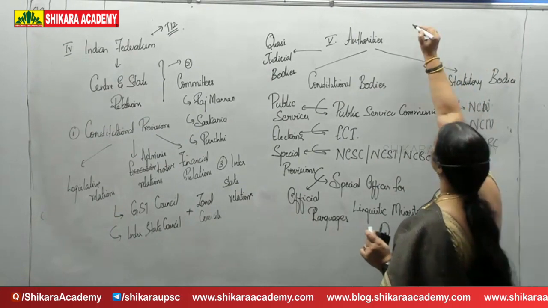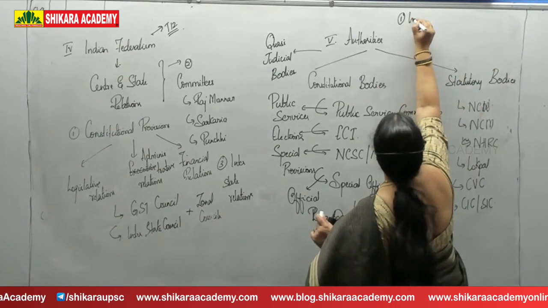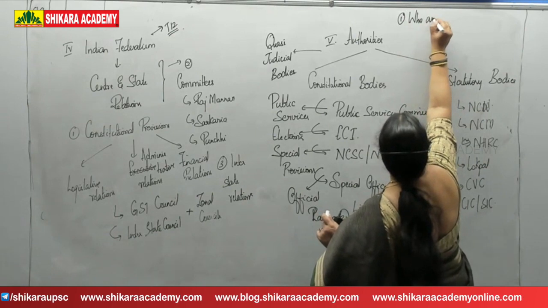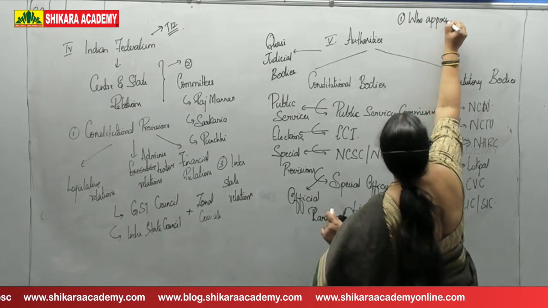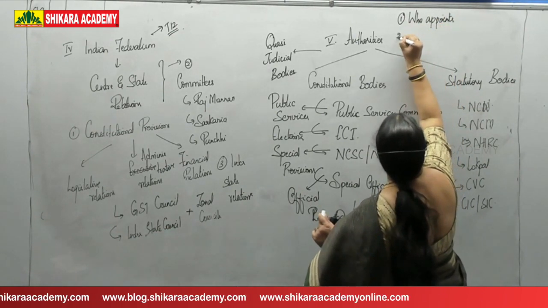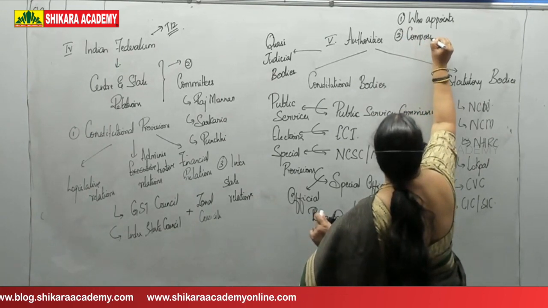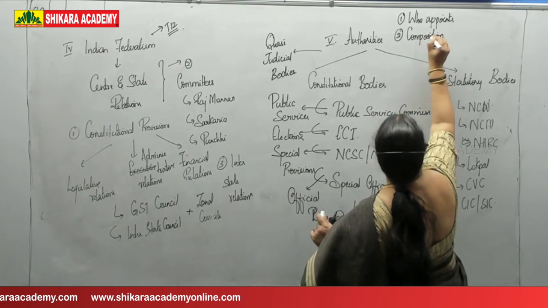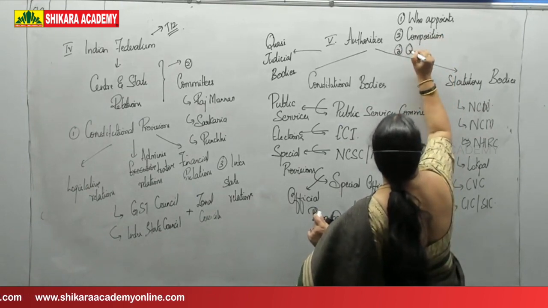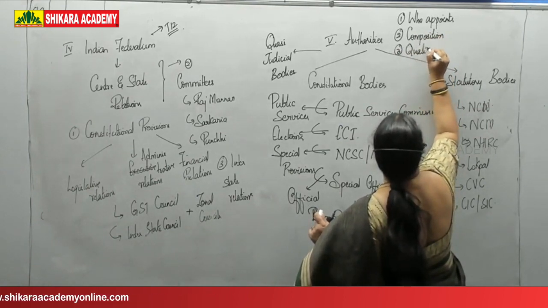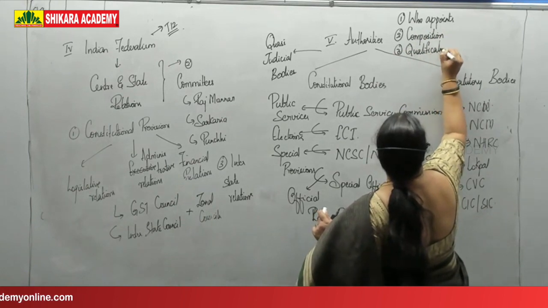We should first know about who appoints them. Are they appointed by the President? Are they appointed by the central government? 2. What is their composition? Is it a single member body, multi-member body? 3. What are the qualifications required to be appointed to these bodies? 4. What type of a body is it?